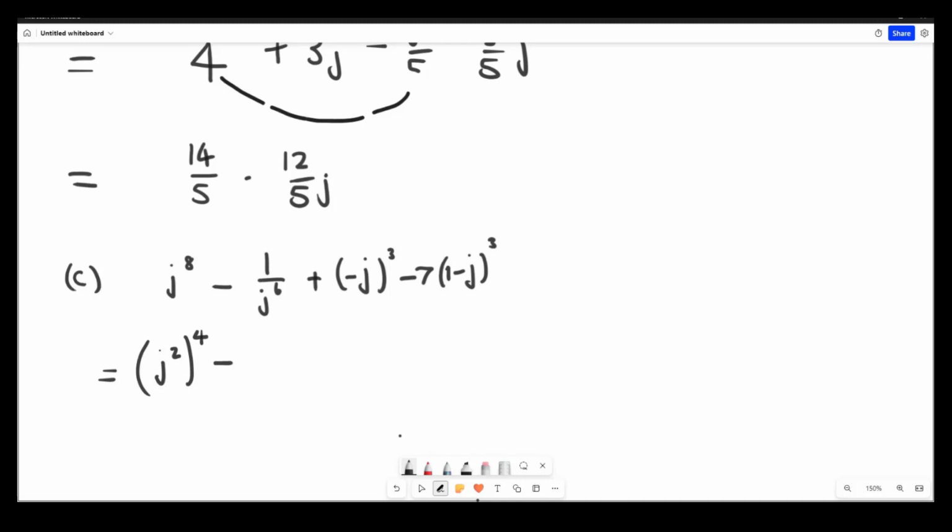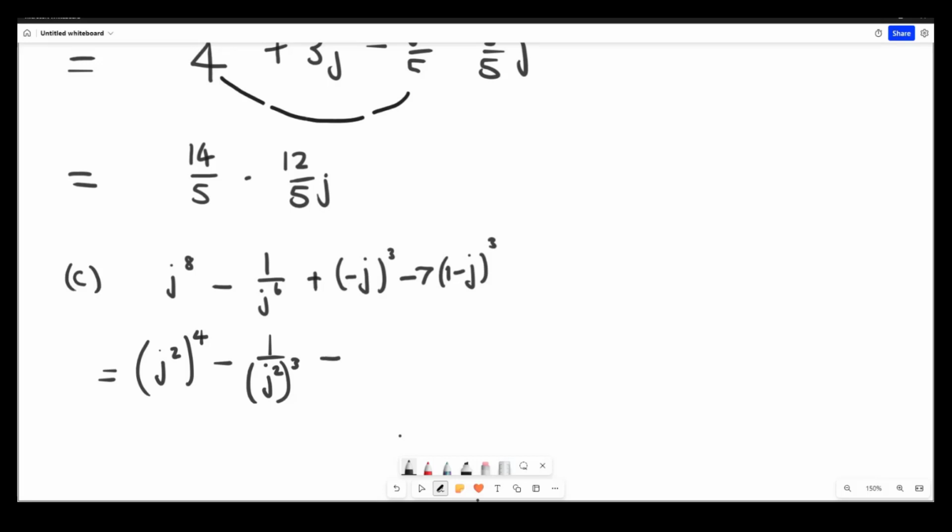Then we see that this j to the 6 can be written as j squared times j squared times j squared, okay? We can write it as j squared to the 3. So inside, you've got minus 1 again, and you raise it to the exponent 3, which is negative 1. And there's a negative 1 in front of the j, so negative 1 times negative 1 times negative 1 is negative 1.